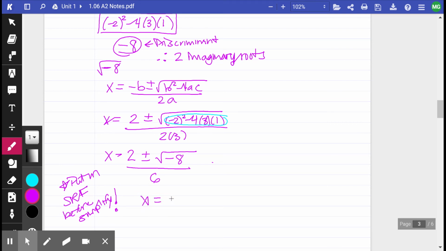Whenever I have a negative underneath the radical, I'm going to pull out an i, and then it becomes +8 in there. The largest perfect square we can take from 8 is 4 times 2. Simplify this now, and we get 2 plus or minus 2i, because the square root of 4 is 2, rad 2 over 6.